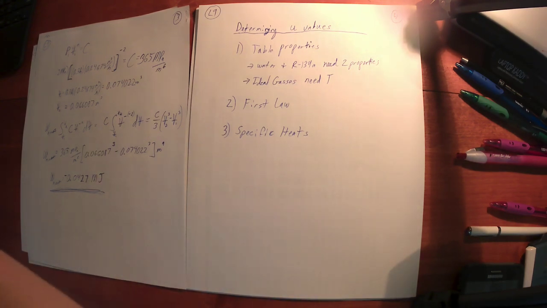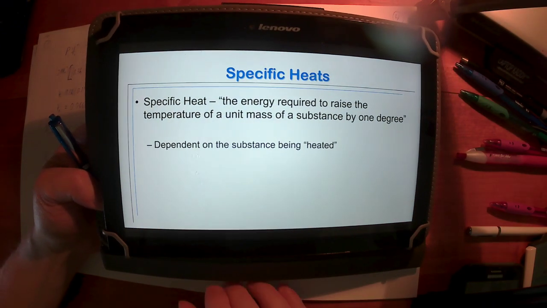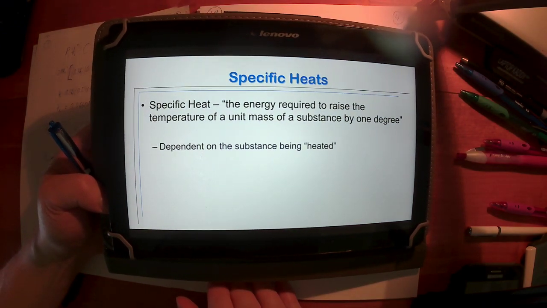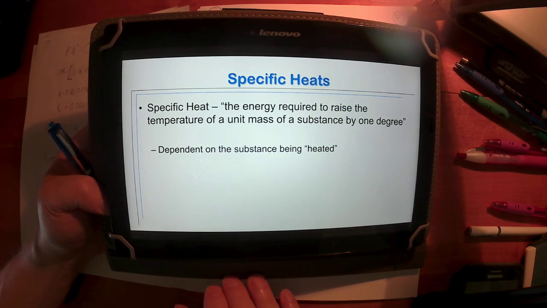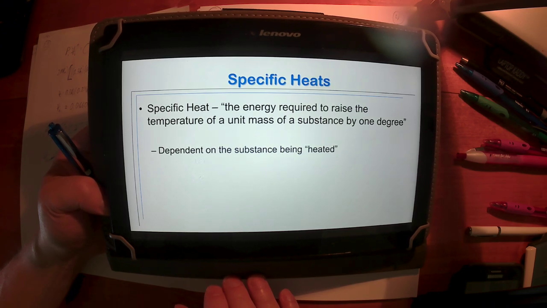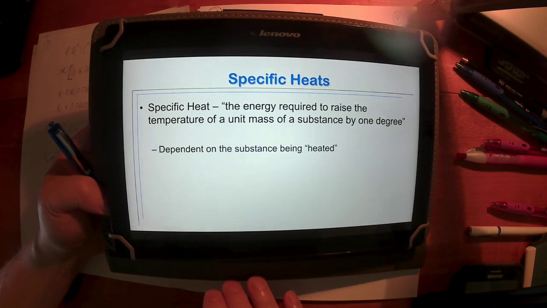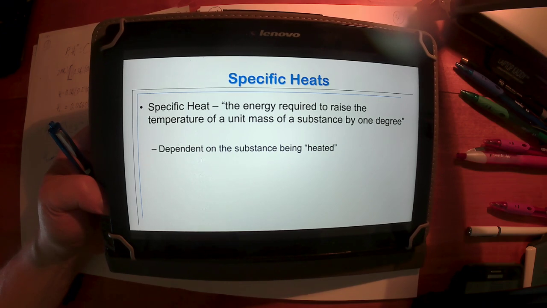Right, now, the hope is, again, you should have already had some kind of chemistry class before you get here, and you probably talked about specific heats there. And the specific heat is the energy required to raise the temperature of a unit of mass of a substance by 1 degree. It is entirely dependent on the substance being heated. Okay?